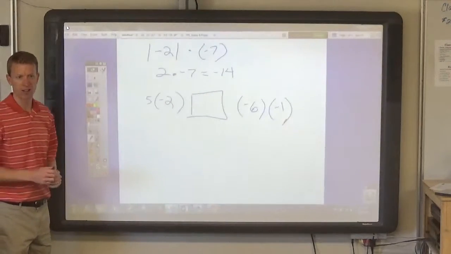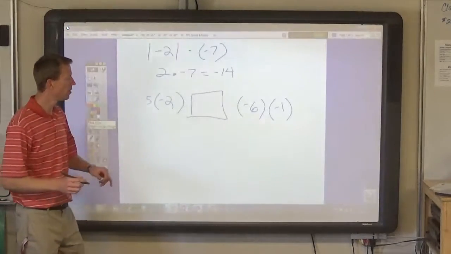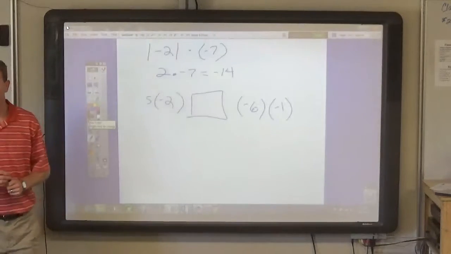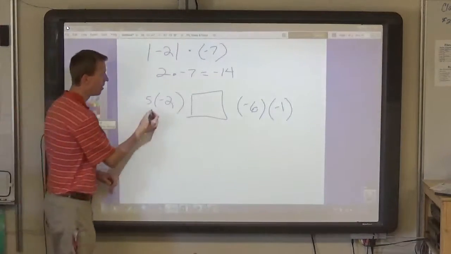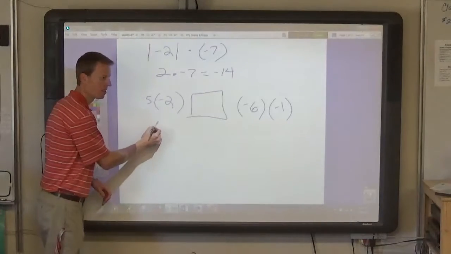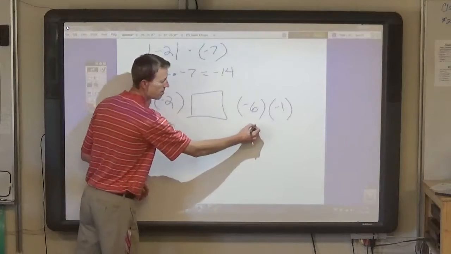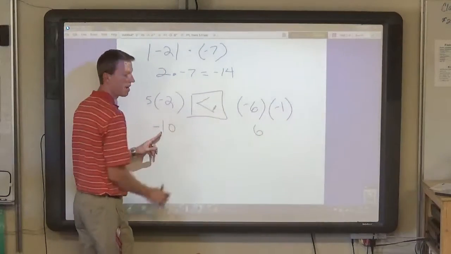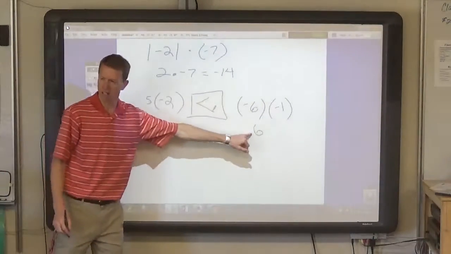Which one is greater? How would you write the answer to this using greater than, less than, or equal to? Jen? Less than. This is negative 10, and this is positive 6. So negative 10 is less than, it points to the left. Negative 10 is less than positive 6.